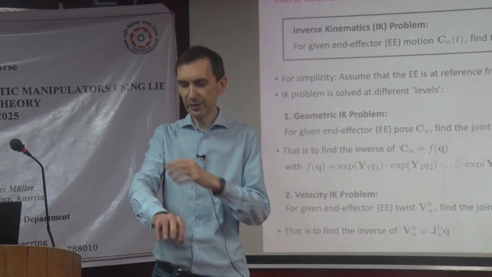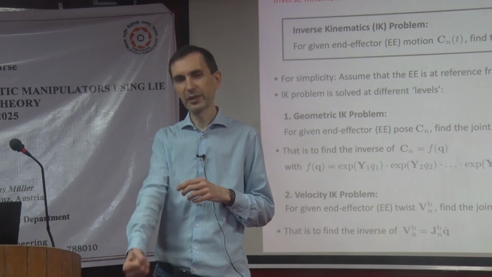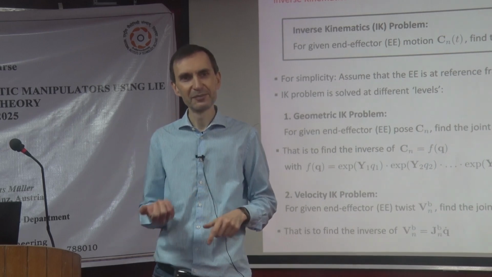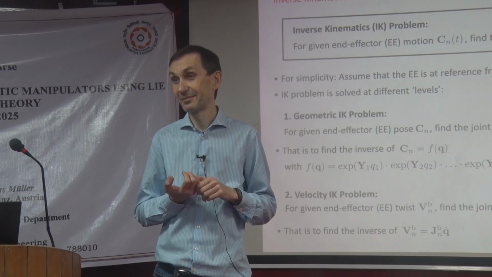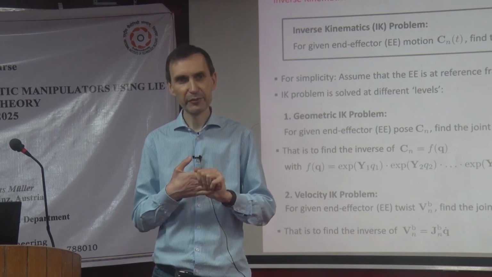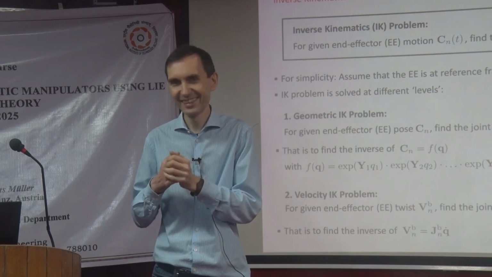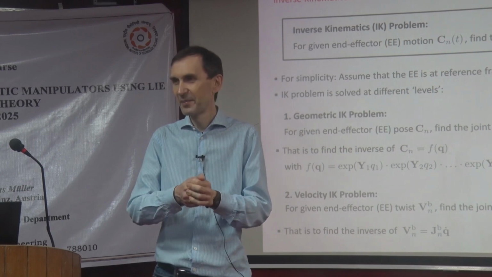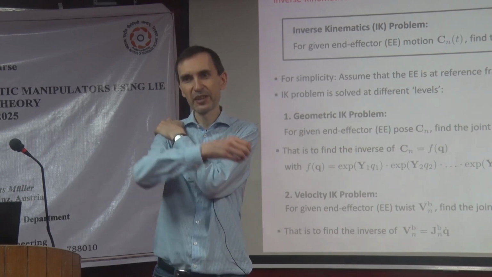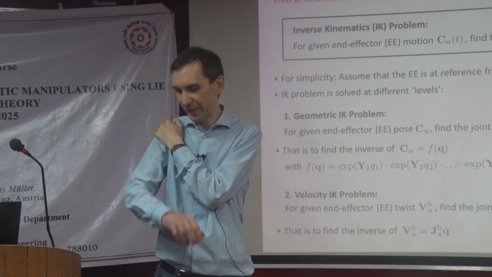So in a simplified model of the human arm, how many degrees of freedom does your arm have? Forget about the fingers, of course. Now everybody counts. Let's say we start with the shoulder. Let's say we have a spherical joint, like a ball and socket joint, which is not really true, but let's say.